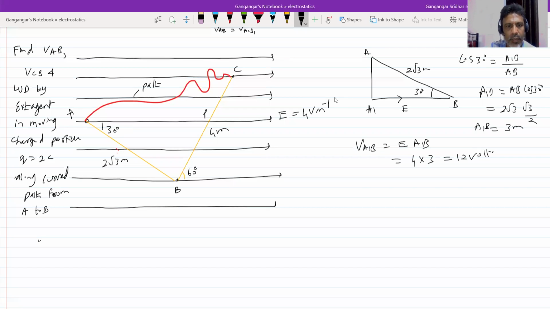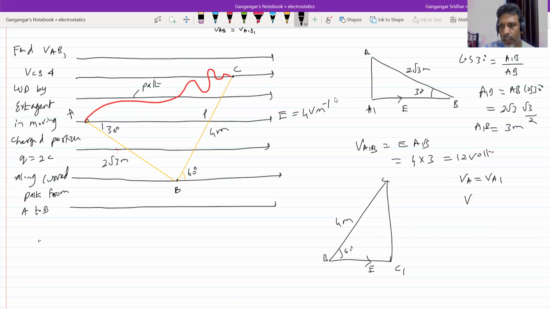Similarly, VCB is asked. First, we'll calculate VBC. As we know, potential at A is equal to potential at A1, so VAB is equal to VA1B.